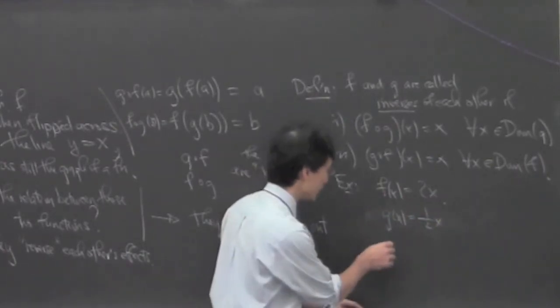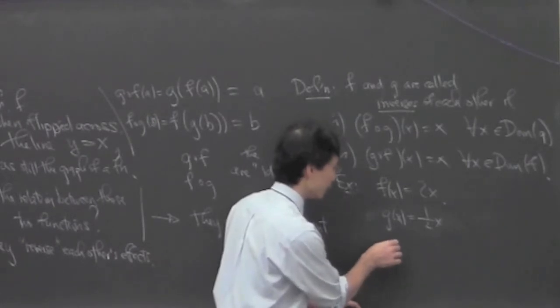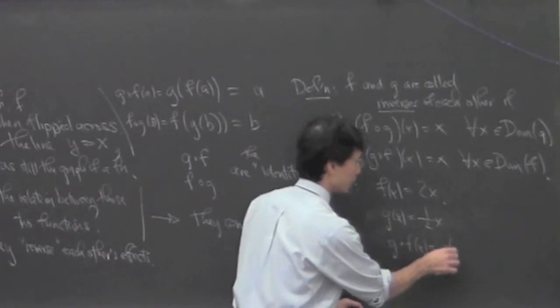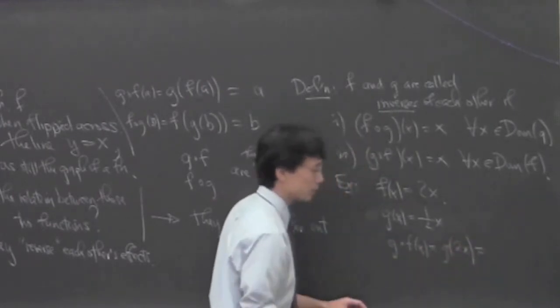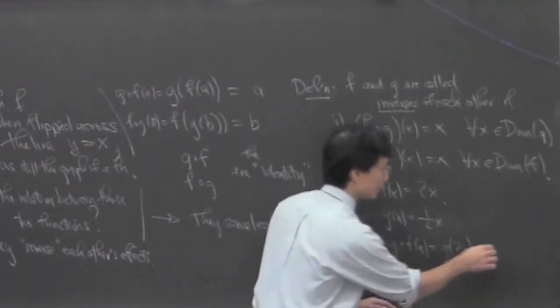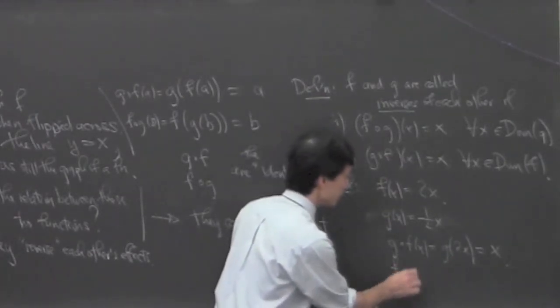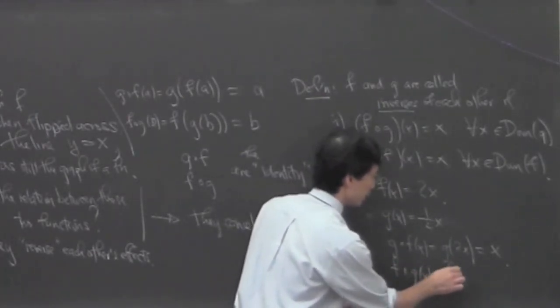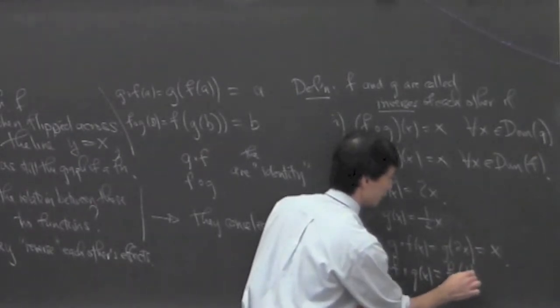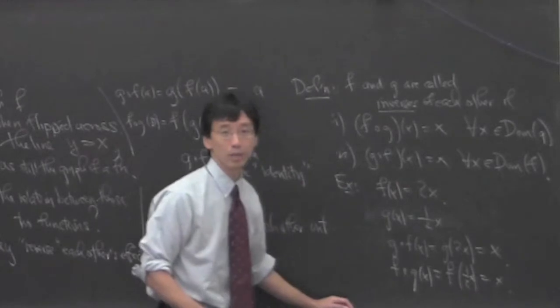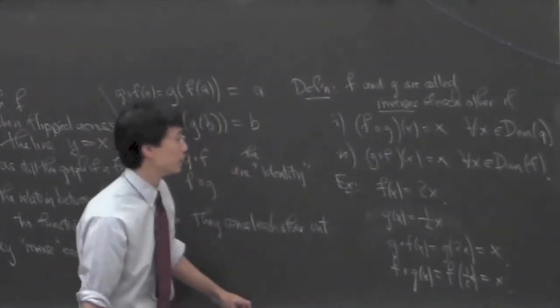It's easy to see that if you take g of f of x, you're taking g of 2x, that's half of 2x, which is just x. And similarly, f of g of x is f of half x, and double half x is just x. So these guys are inverses.